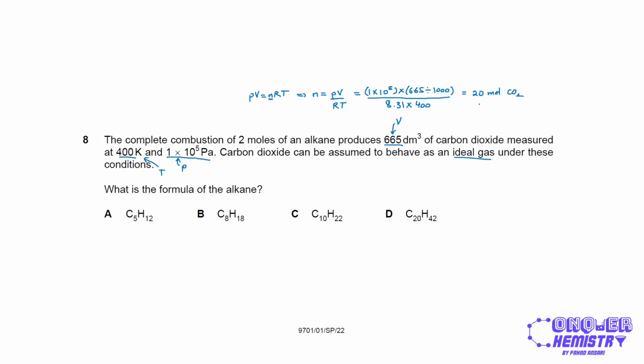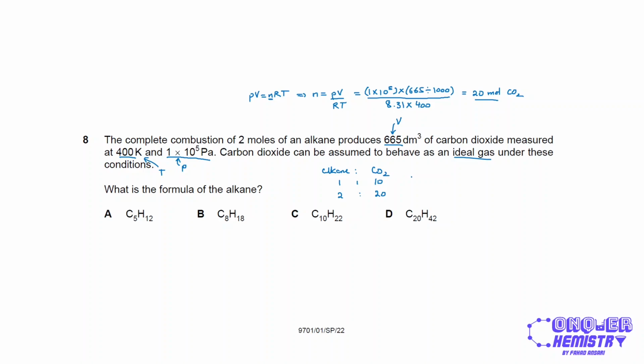Right, so it says 2 moles of an alkane will produce 20 moles of carbon dioxide. So that means that the ratio between the alkane and CO2 will be 1:10. That is simplified from 2 moles to 20 moles. Right, so 1 mole of alkane gives you 10 moles of CO2.